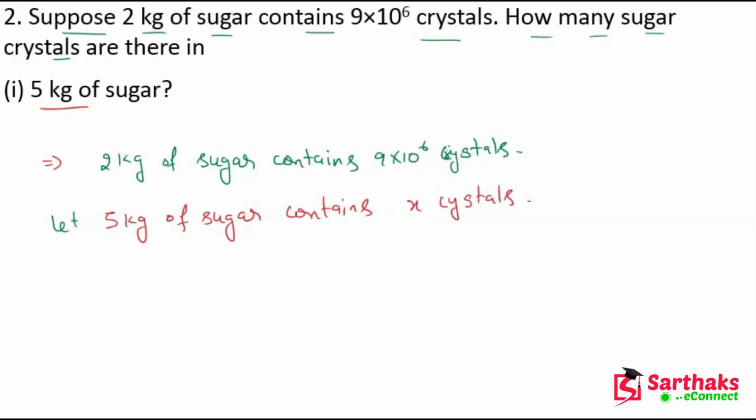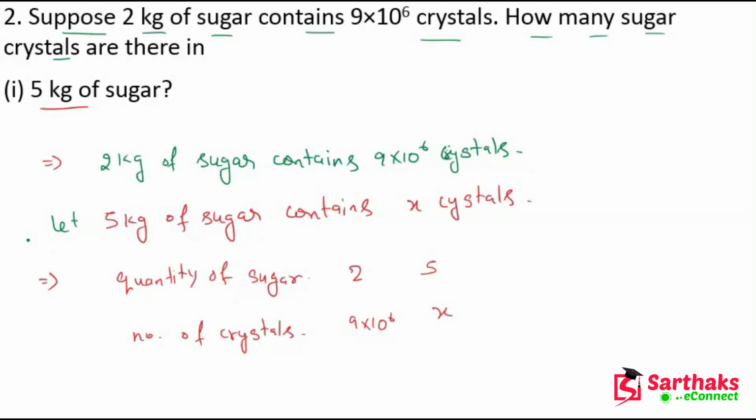If we make the table, here is quantity of sugar, and here is number of crystals. For 2 kg of sugar, the number of crystals is 9 into 10 raised to power 6. For 5 kg of sugar, the number of crystals is x.